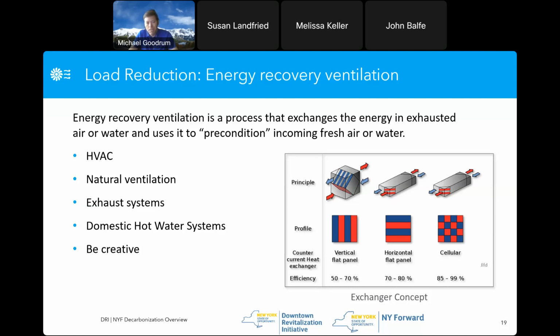Same in the summer, you can do it the other way. You can even do that for hot water systems and use it to heat air and whatnot.